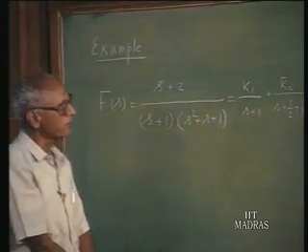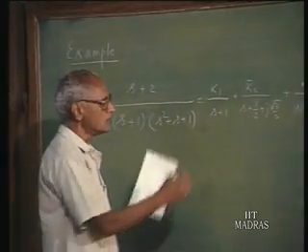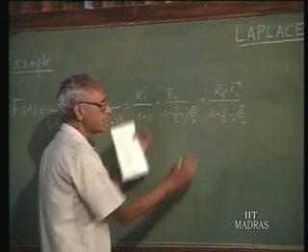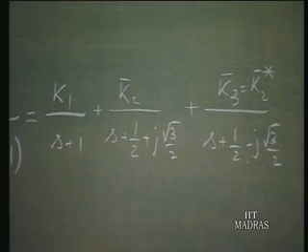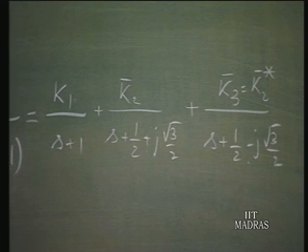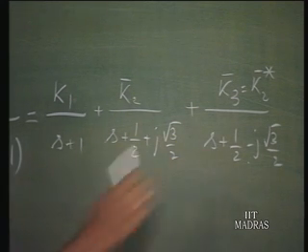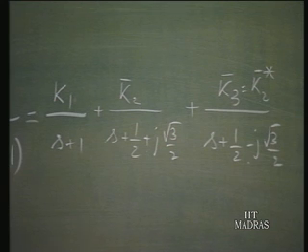An alternative way of doing this would be to combine these 2 terms and get the result as a fraction, because finally, when you find the inverse Laplace transformation, when you have a quadratic factor in the denominator, it is convenient to identify this with the Laplace transform of e to the power of minus alpha t cos omega t type of function.